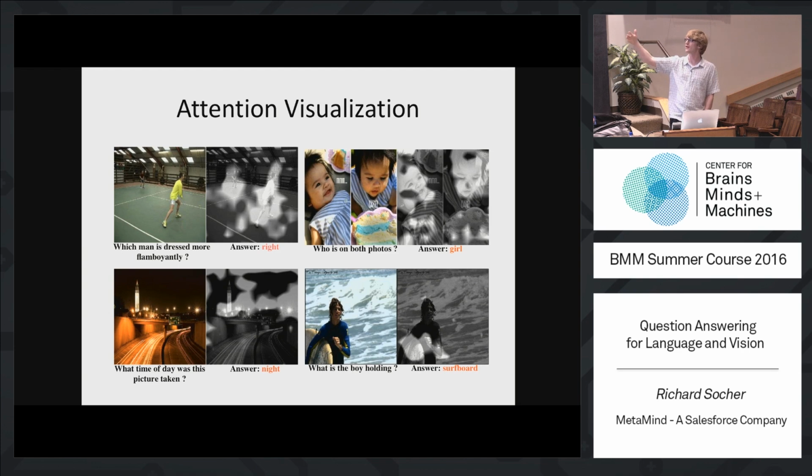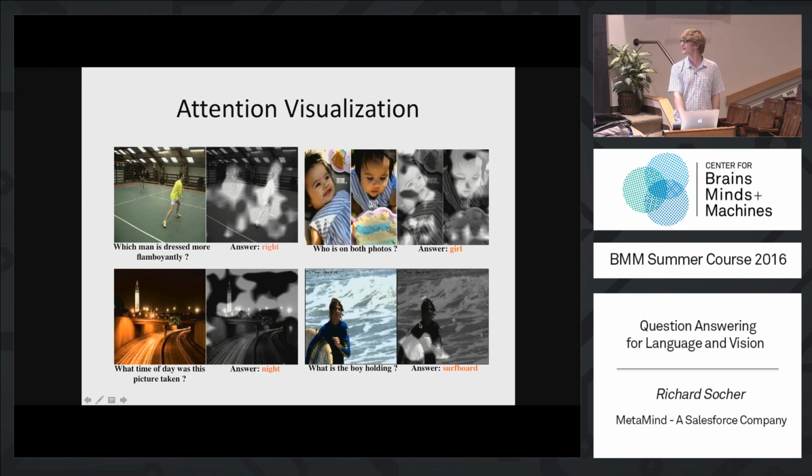It probably saw a girl and it's a who question, so it just gives girl as the answer. But if it is a relatively straightforward domain and it doesn't require too much world knowledge, you can actually see it pick up certain patterns from visual information, and it does get an amazing couple of things right.